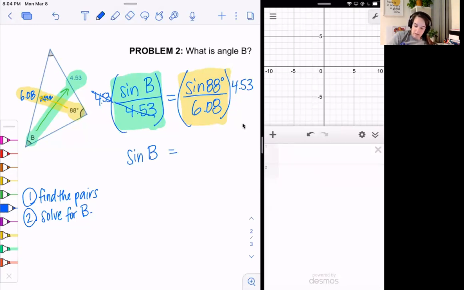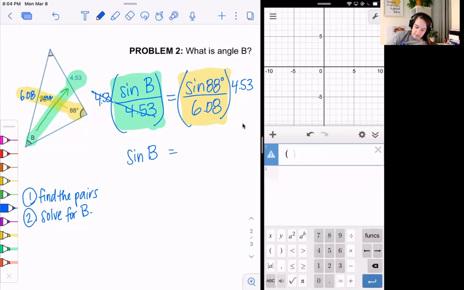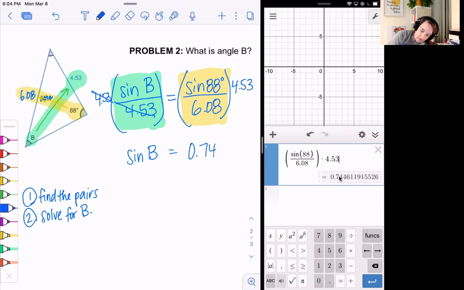So I'll clear out this, put parentheses, sine 88, go out of my parentheses, press divide, 6.08. And now on the outside of my parentheses, I'm going to put times 4.53, like that. And it's going to give me this decimal, 0.07446, right, long decimal, right?